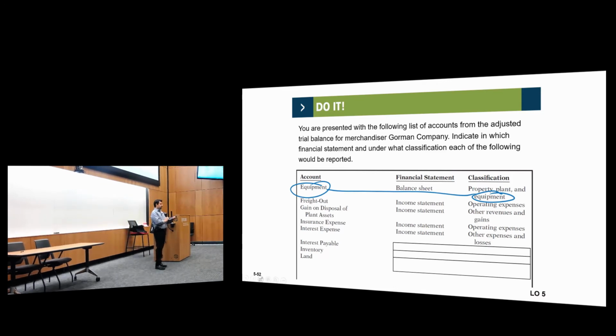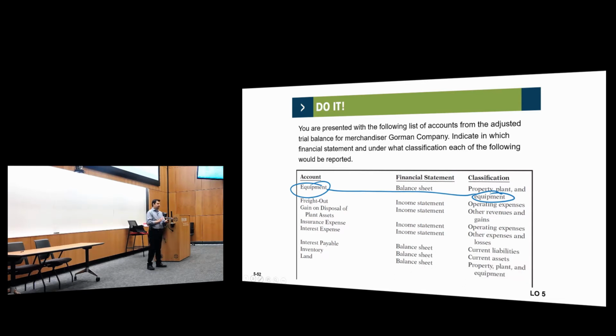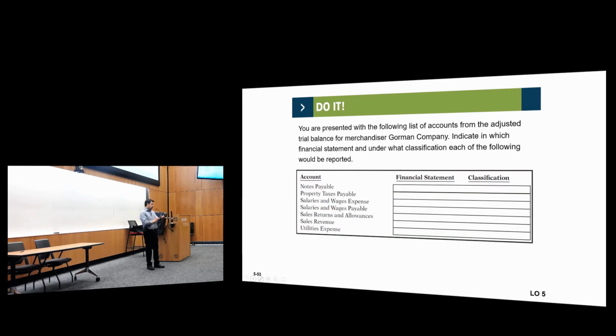Interest payable, balance sheet. And this is a liability, current liability. Inventory, balance sheet, current assets. Land, balance sheet, and property, plant, and equipment. Notes payable, long-term liabilities. Usually the assumption is that most notes payable are due in several years.